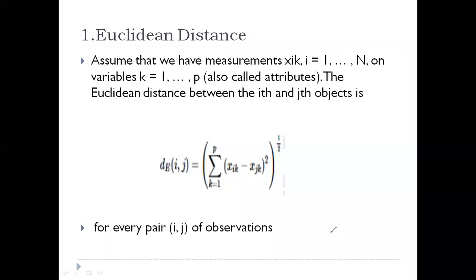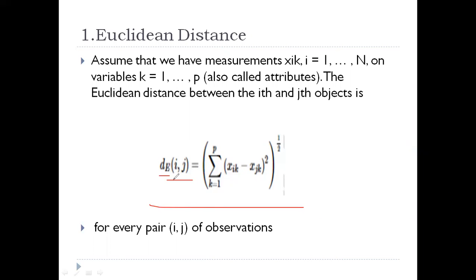This is the formula for Euclidean distance. The distance d subscript e of i comma j is equal to the sum from k equal to 1 to p of (x_ik minus x_jk) whole square, whole to the power of 1 by 2. Okay, so now what is i and what is j?